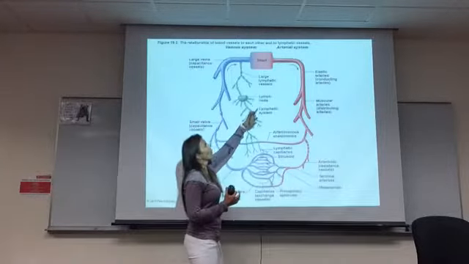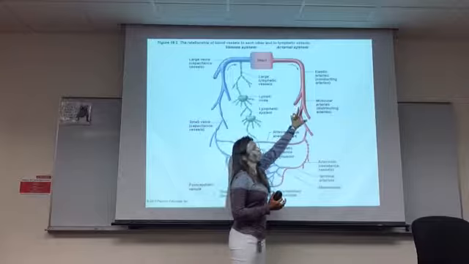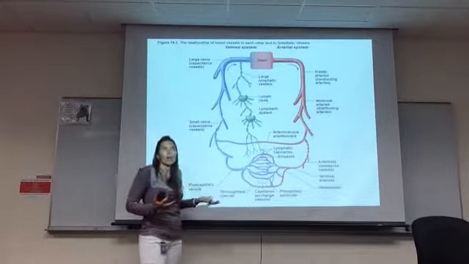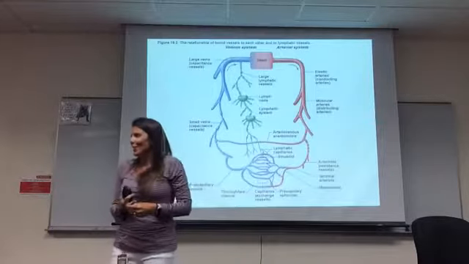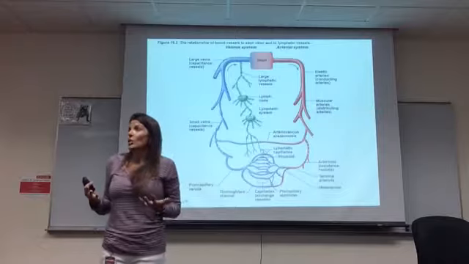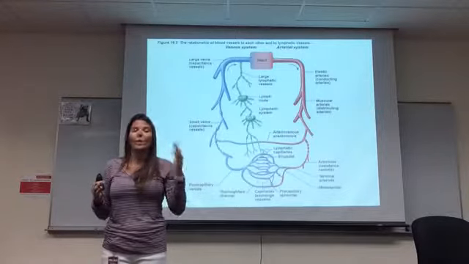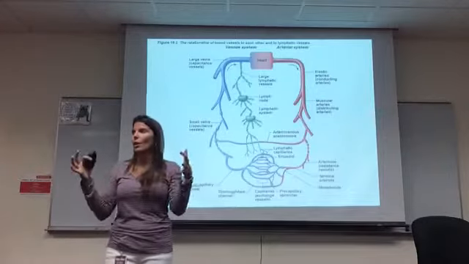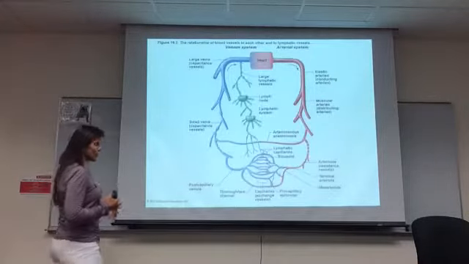Then as you get a little bit further, and you can clearly see that they're starting to get a little bit thinner because they're getting further away from the heart, we have muscular arteries. What characteristic do you think that they have? There's a lot of muscle tissue there, so that once the blood gets that far, it can continue propelling it. There's a lot of muscle there to continue with that pulsing action.